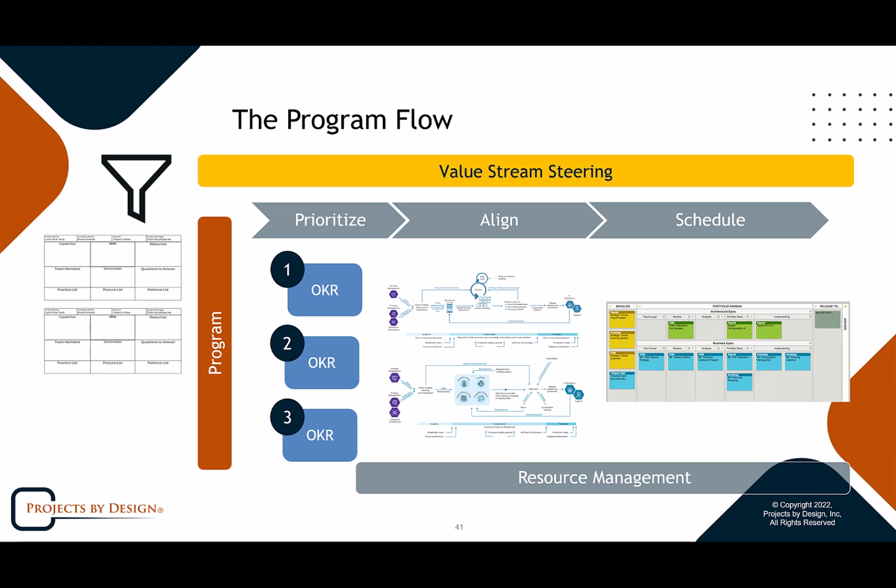So for those of you that joined us, this is what we're talking about at the program level for small batches. Small batches are described as MVPs, MMPs, or MBIs. MVP, minimal viable product, is probably the most misused term.